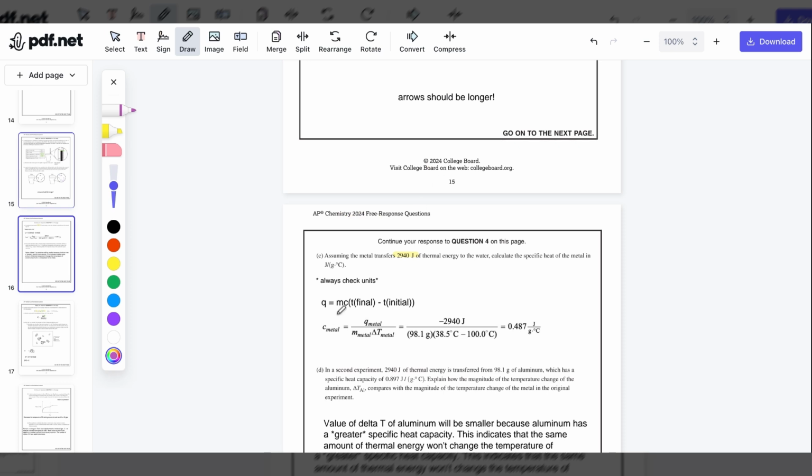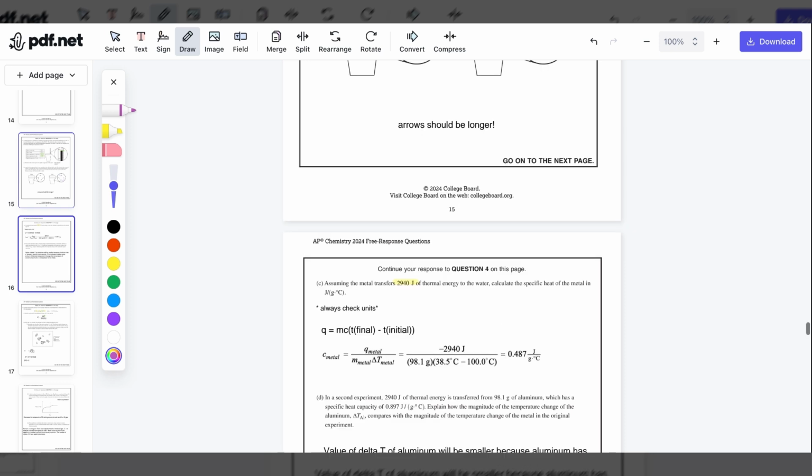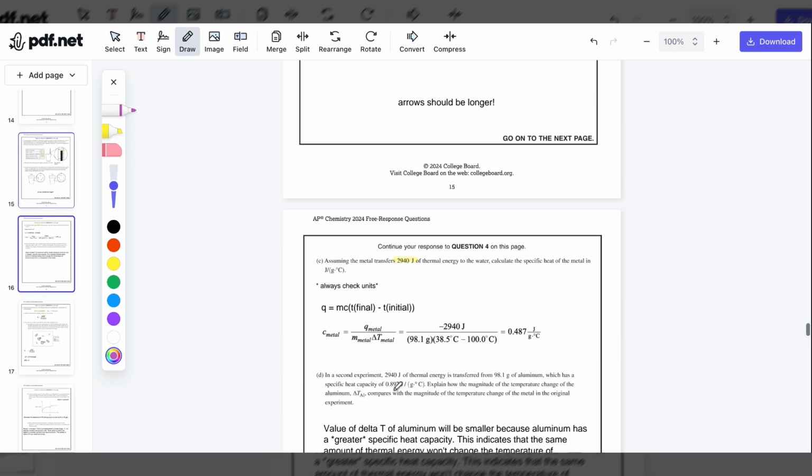So this is just your q equals mc delta T equation. So q equals mass times specific heat times temperature change, so final minus initial. And we're solving for specific heat, specifically the specific heat of the metal. So make sure you label that, because this is straight from the College Board website, so this is exactly what they want you to do.